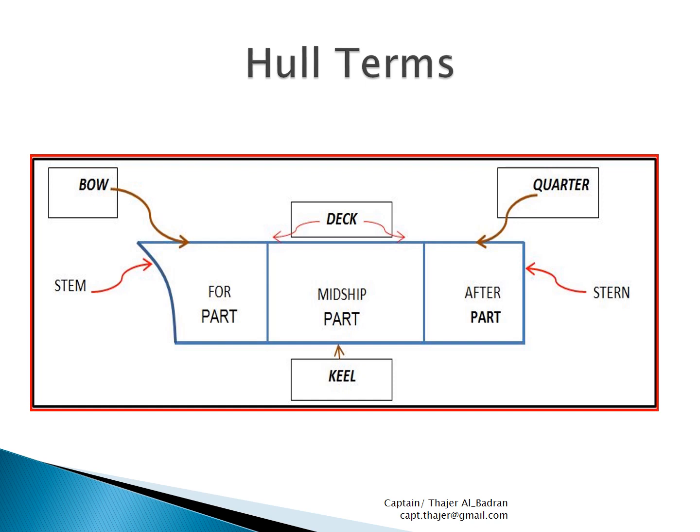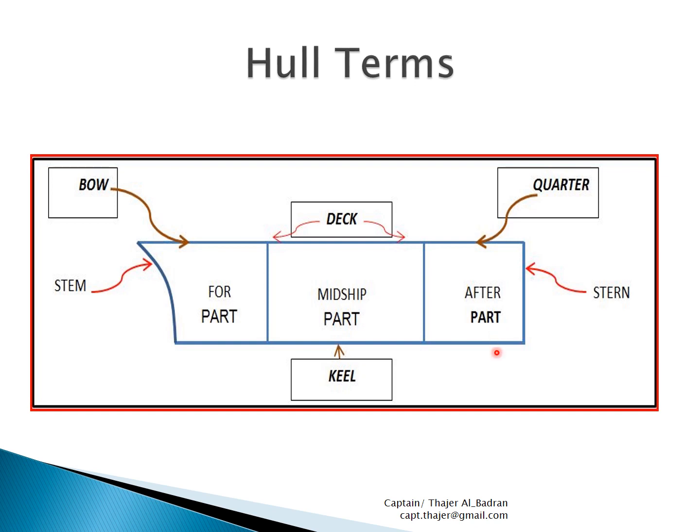This sketch shows you hull terms. The hull, the main body of the ship, is divided into three main parts: fore part, mid part, aft part.